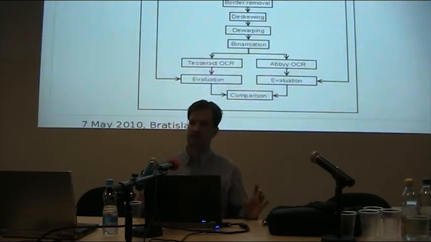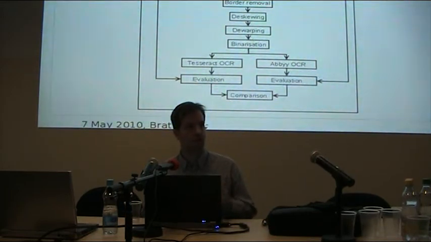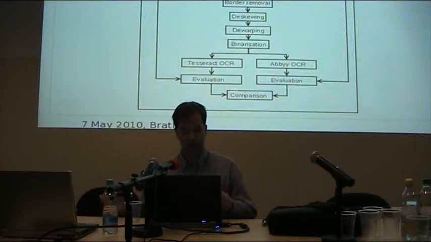One is the Tesseract OCR, which is part of the Octopus open source OCR, and on the other hand, the ABBYY OCR engine. We can then compare these results with an evaluation tool, which compares what is the accuracy of the one engine, what is the accuracy of the other engine on a word and on a character level, and you can decide and make experiments on your material and decide which one gives the better results.